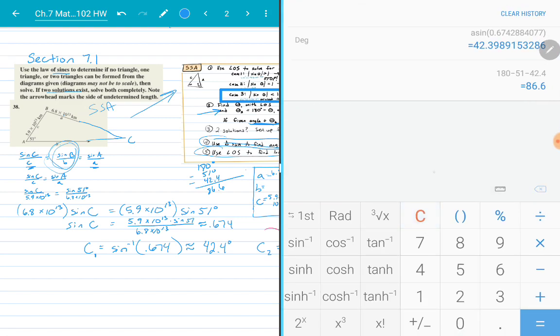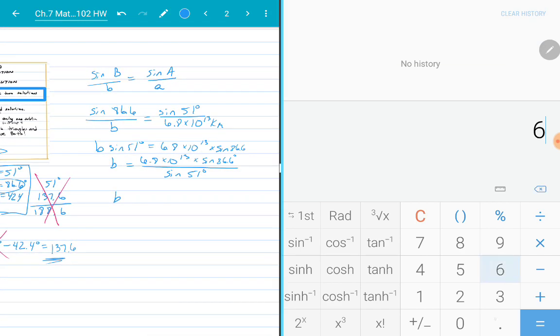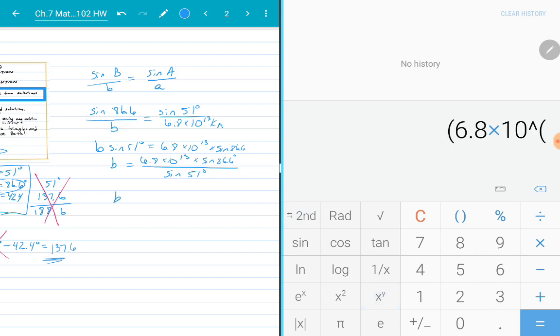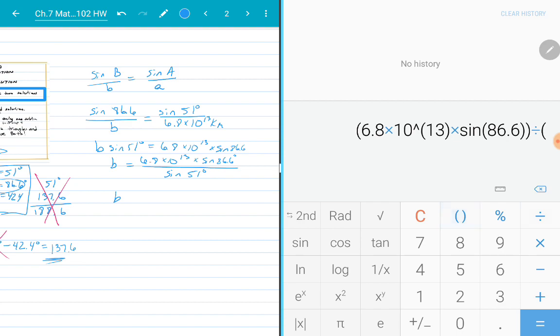I'm going to use parentheses on my numerator: 6.8 times 10 to the 13th power times sine of 86.6. Close the numerator and then divide by, using parentheses for the denominator, sine of 51.